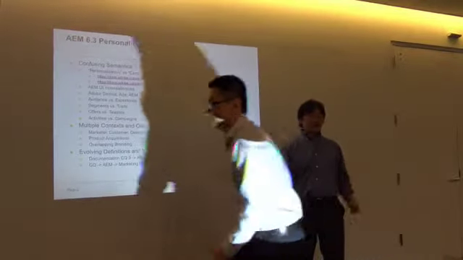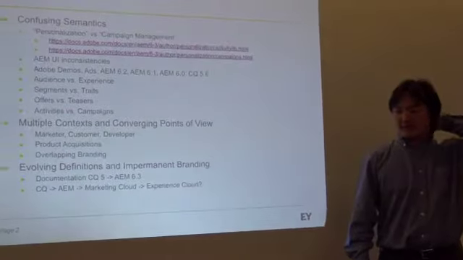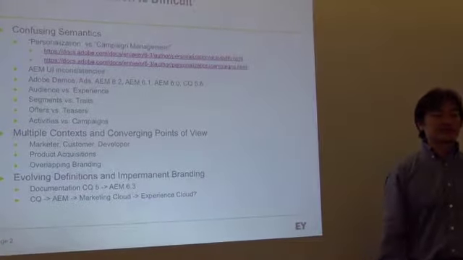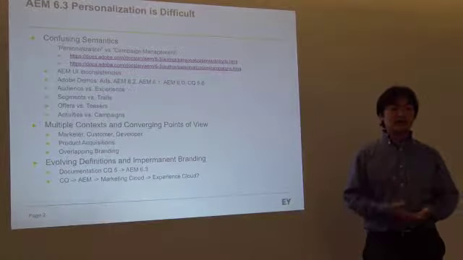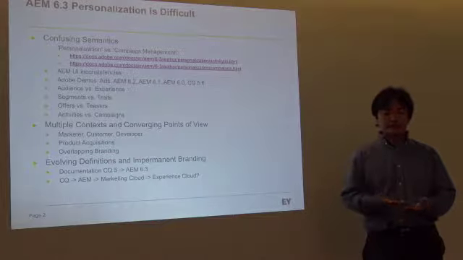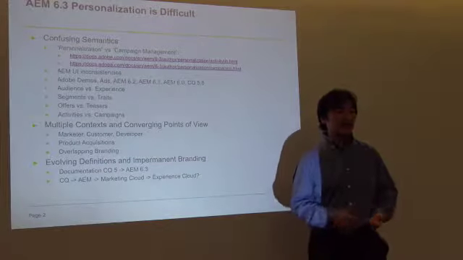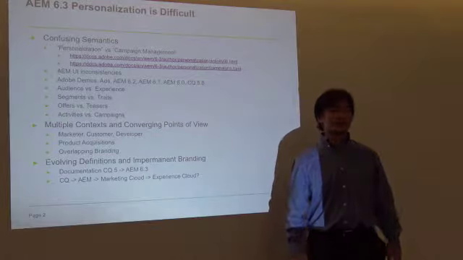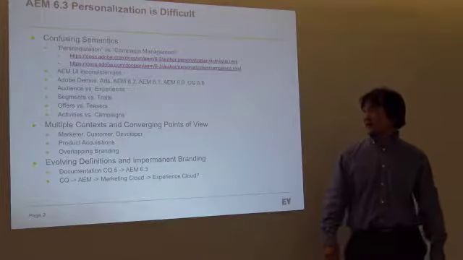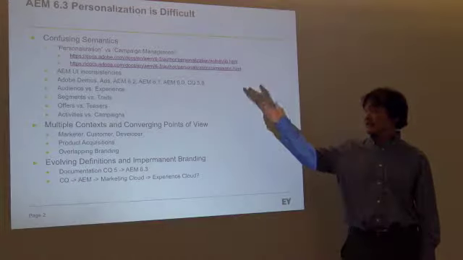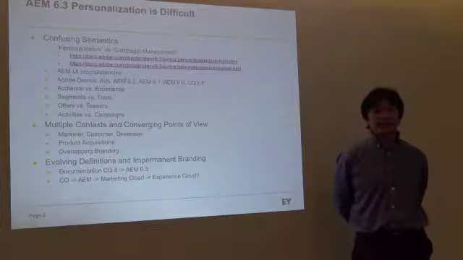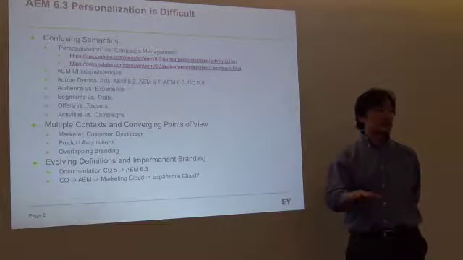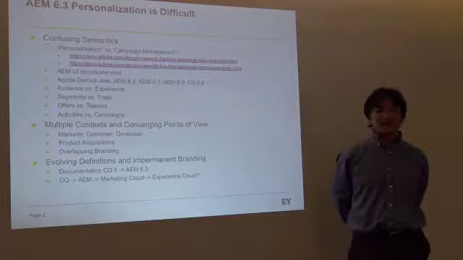Okay, so I think that at least in part, one of the reasons why personalization is difficult in AEM is that the semantics are confusing. If you read the documentation, if you follow the changing names of various things in personalization across the years, if you look at different areas of the Adobe web pages, or if you look at the AEM application itself and go to different parts of the application, you'll see that things are referred to in a non-consistent manner.